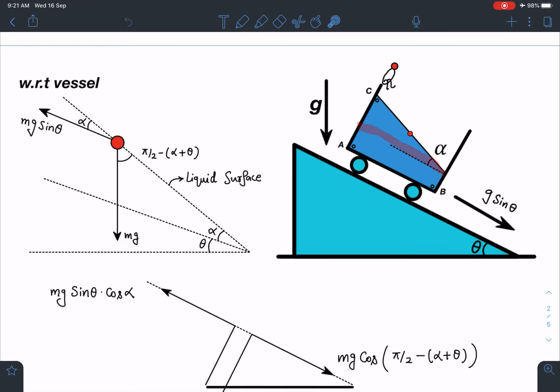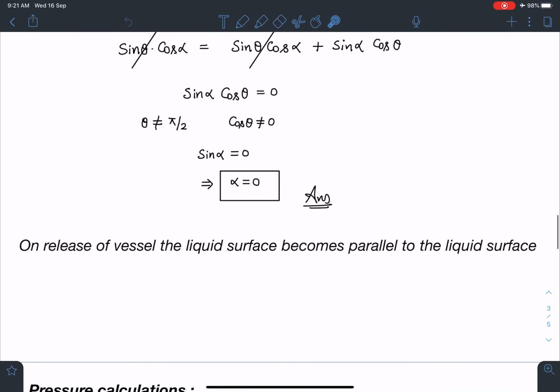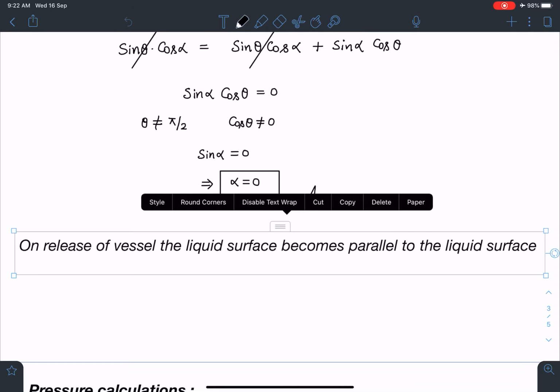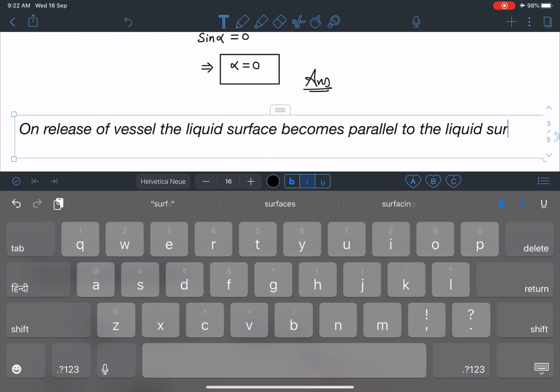This is what we are getting because alpha is 0. So here you can say on release of the vessel, the liquid surface becomes parallel to the incline. It should be incline actually, I have written it. It should become parallel to the inclined plane.